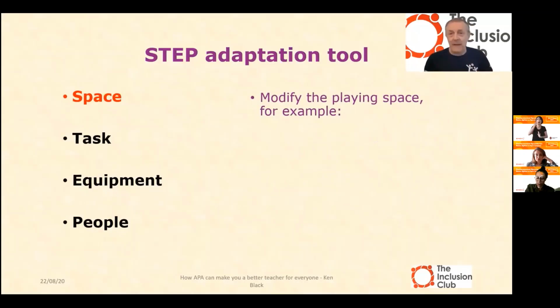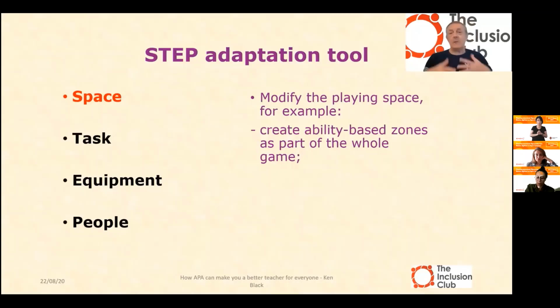And we can modify the playing space itself. So we can create, for example, ability-based zones, which are part of the whole game. So it enables people of different abilities to play the same game together, but we may have people of different abilities in different parts of the playing area.